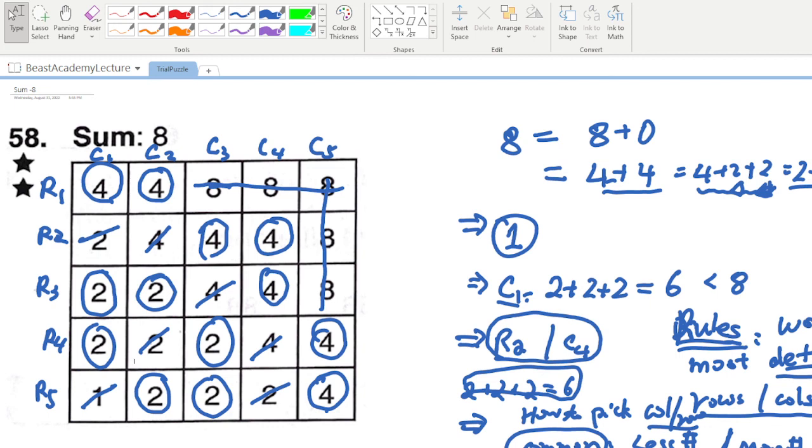Now, if we include the 4 on R1 and the 4 on C5, we cannot include any 8. You can see it's just like peeling an onion. We peel one layer, then another layer, and another layer, until the problem becomes more and more deterministic.